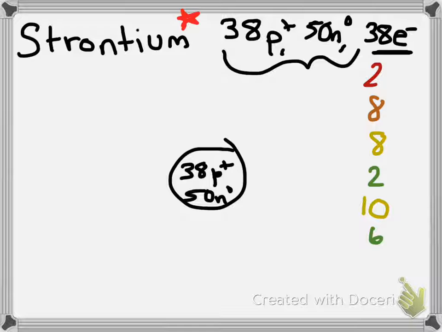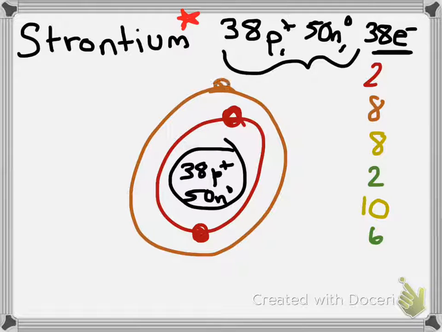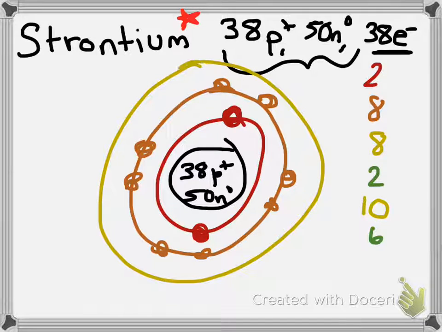In our first shell, we have a total of 2. On our second shell, we have a total of 8, so this brings us up to 10. Then on our third shell, we will have 8 more. So 10 plus 8 gives us a total of 18, but we need 38.